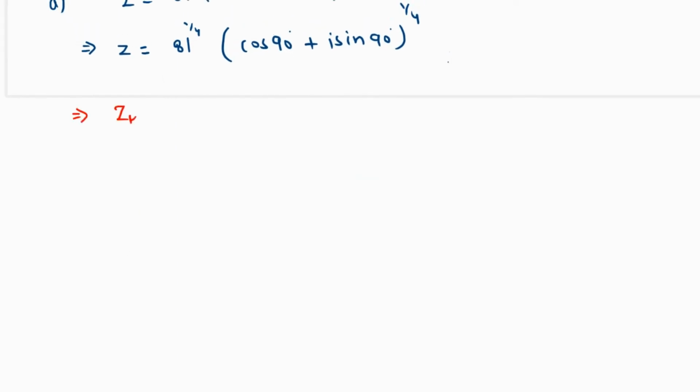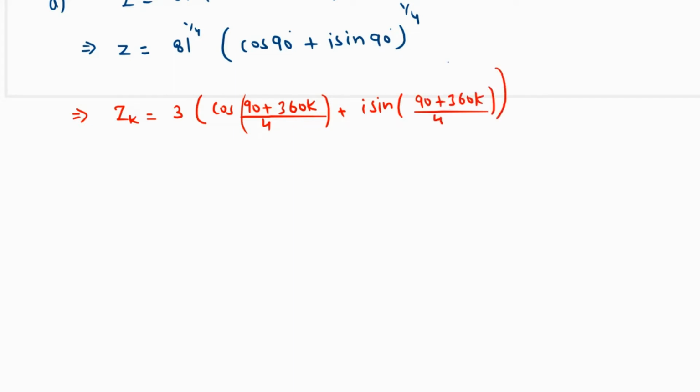So the value of zk, because there are 4 solutions in terms of k: the fourth root of 81 is 3, and this is going to be cos of (90 plus 360k) over 4 plus i sine (90 plus 360k) over 4, where the value of k is 0, 1, 2, and 3.